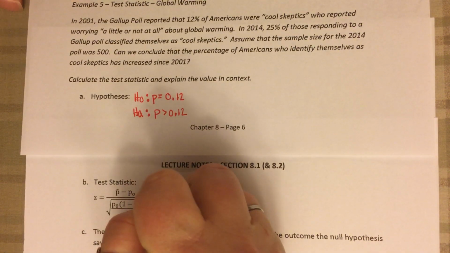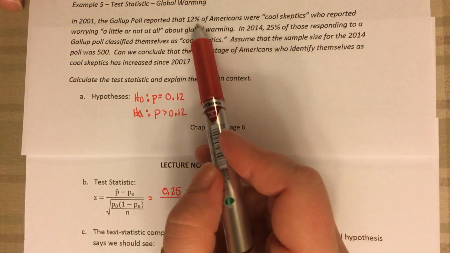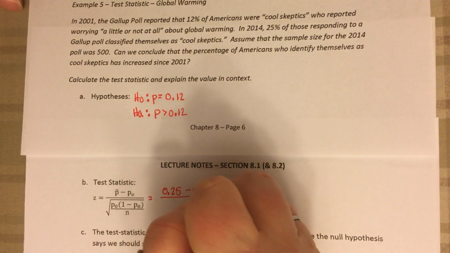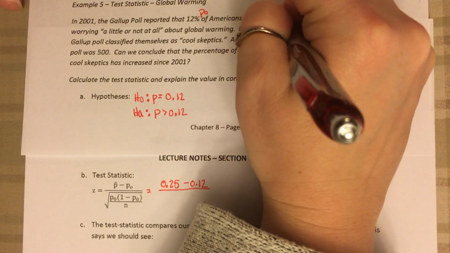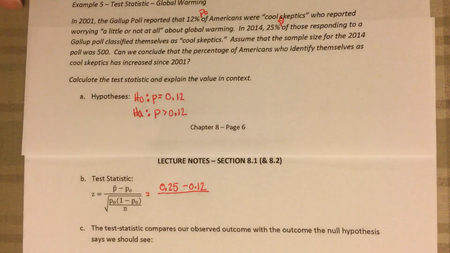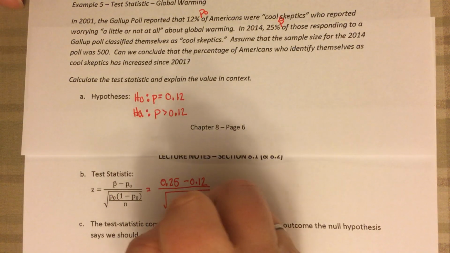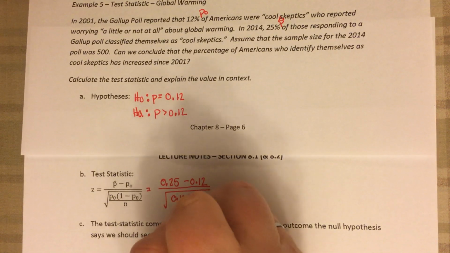So we're going to do 0.25 minus p naught, that was our original percent, our 12%. Again, that's our p naught, the 25% is our p hat. And then we're going to divide it by our square root part down here. All of these are p naught, so all of these are using the 0.12.